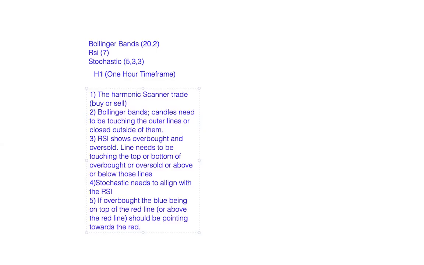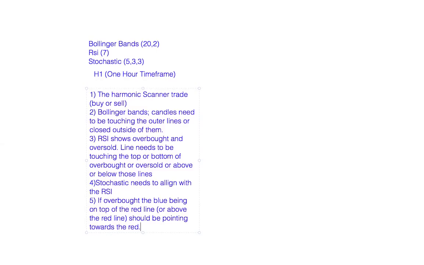So the blue line is usually on top of the red line, right? Therefore, you want to make sure that the blue line has curved and is pointing towards the red line.